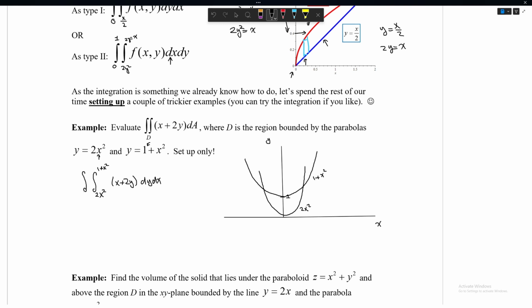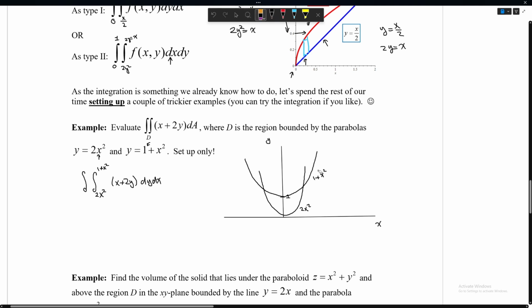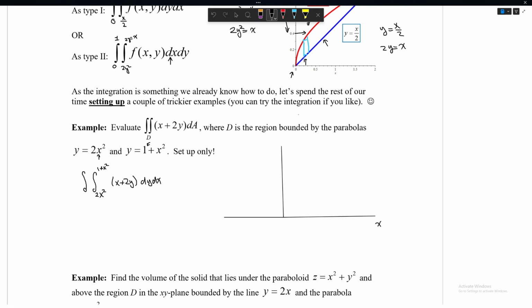What are the bounds? Now, if you remember, we are looking for the area under the curve, or area under the plane. So right now I just drew it, I'm going to erase this, and I'm going to show you how this would actually look when I'm looking for the area under the plane.